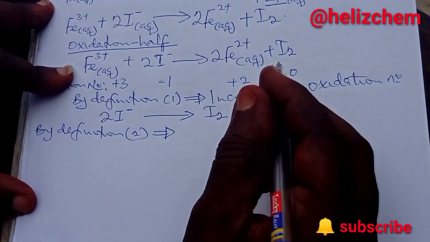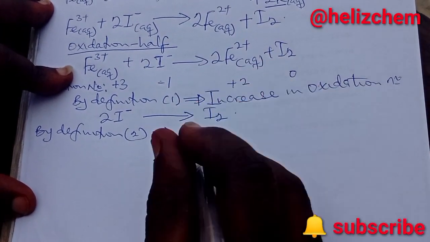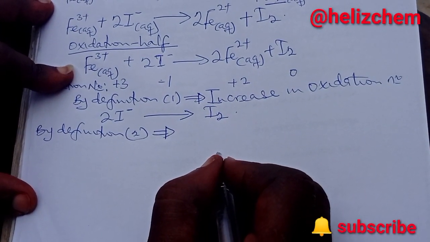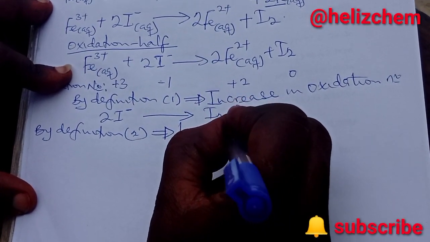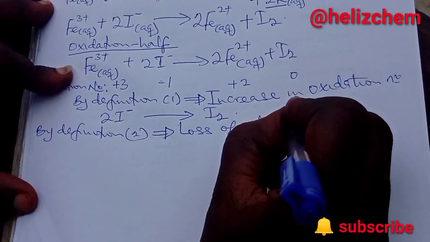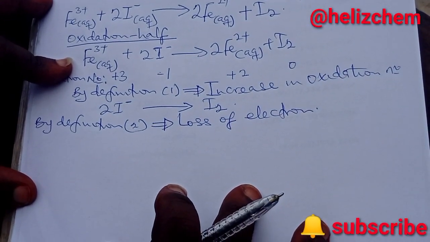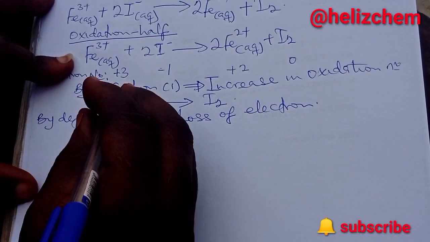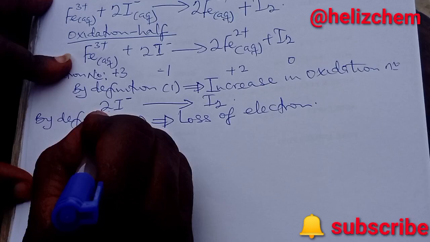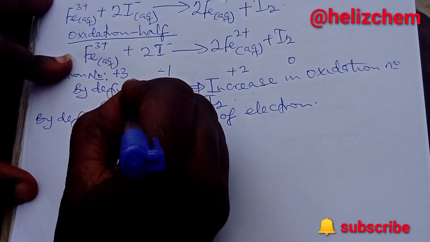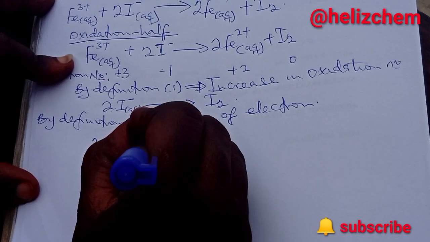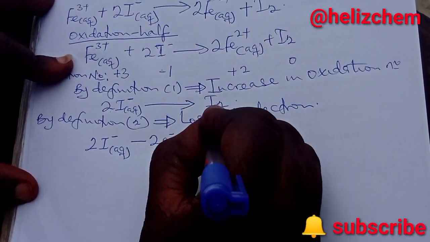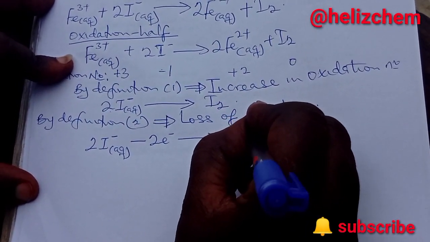Definition 2 is telling us to define oxidation in terms of electron transfer, and we say it is loss of electron. So if it is loss of electron, this implies that 2I- aqueous loses 2 electrons to give I2.